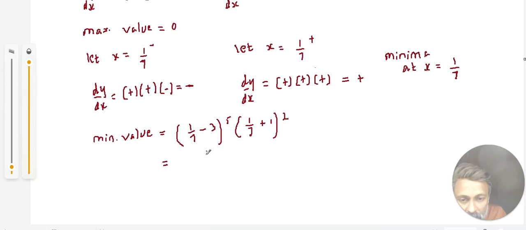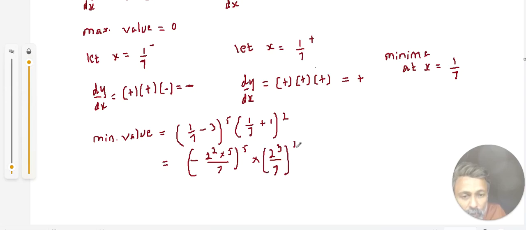So this is clearly minus 20, which is 2 square into 5 upon 7, the whole raised to 5, times 8 by 7 is 2 cube upon 7 raised to 2.